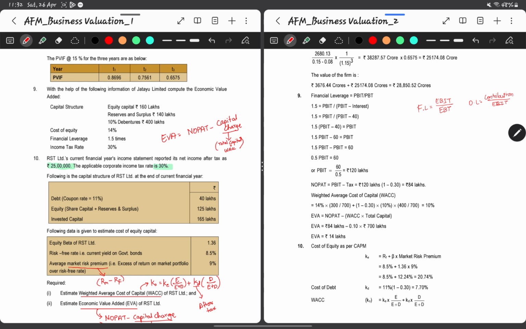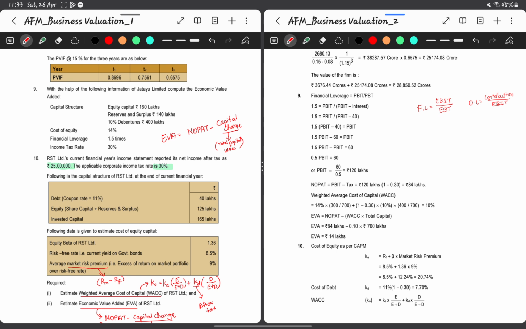So economic value added is nothing but NOPAT minus the capital charge. NOPAT is net operating profit after tax, and this net operating profit after tax will be non-cash adjusted. Capital charge is nothing but total capital, or the invested capital, multiplied by weighted average cost of capital.